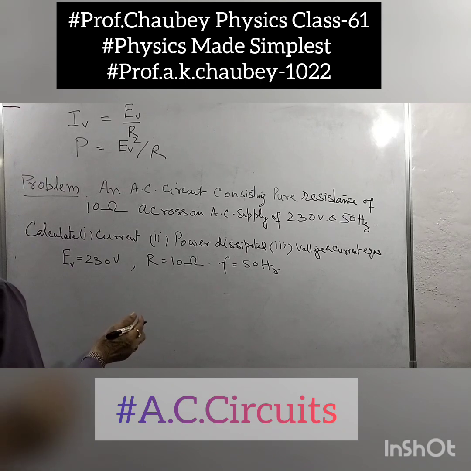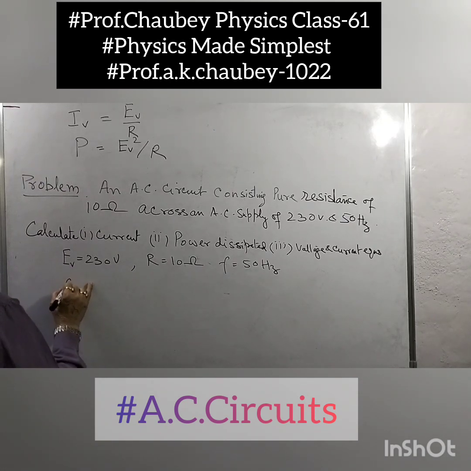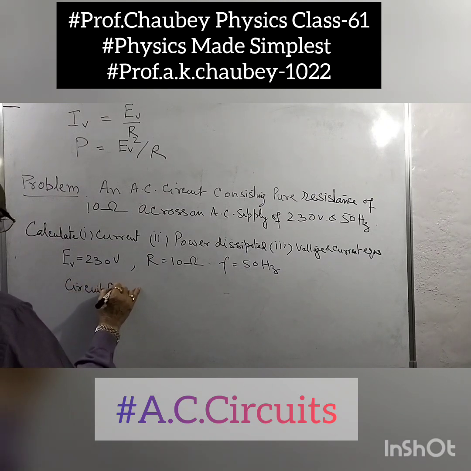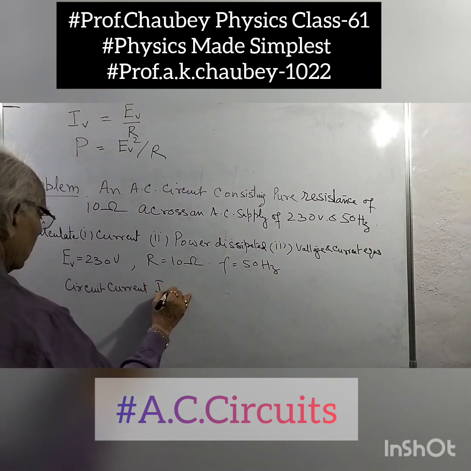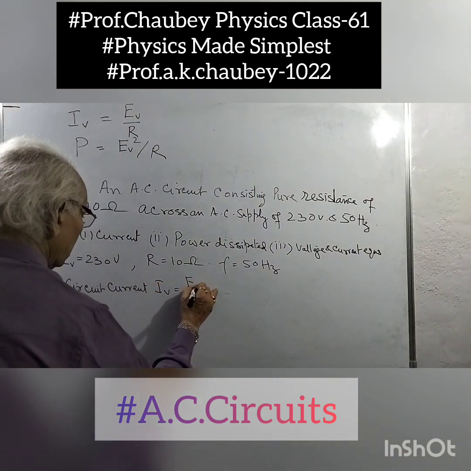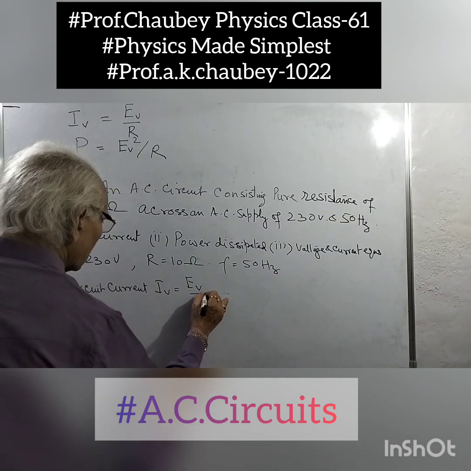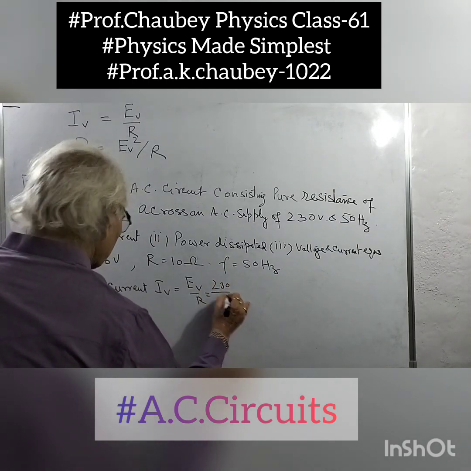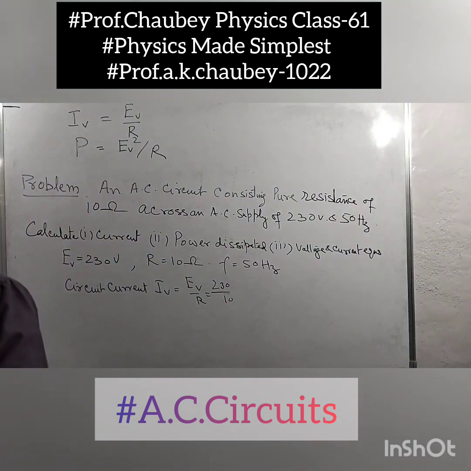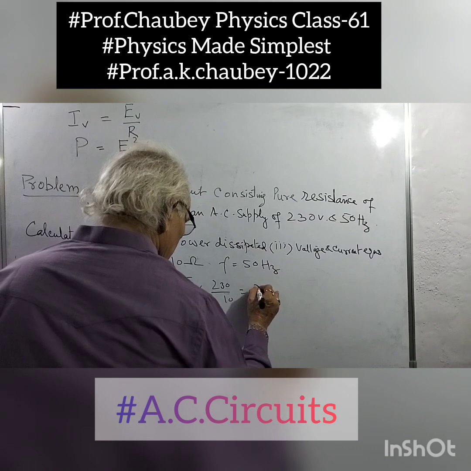Now find the circuit current. IV is equal to EV over R, so 230 over 10, the current becomes 23 ampere.